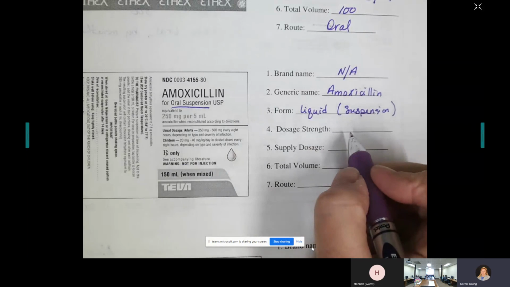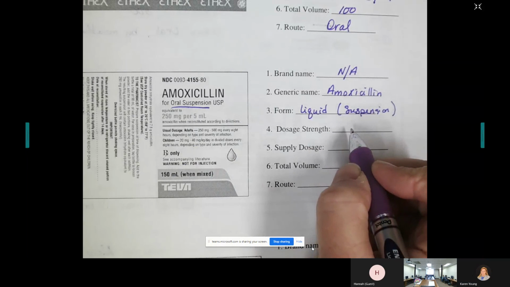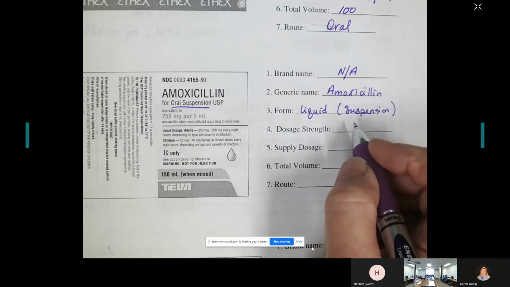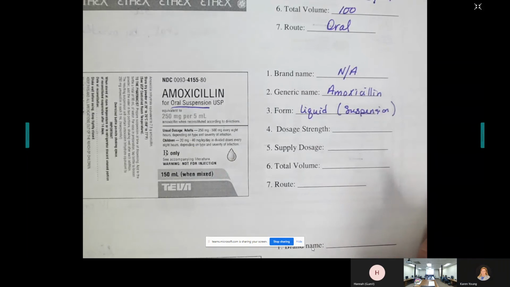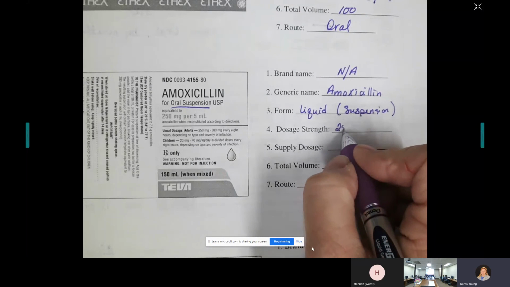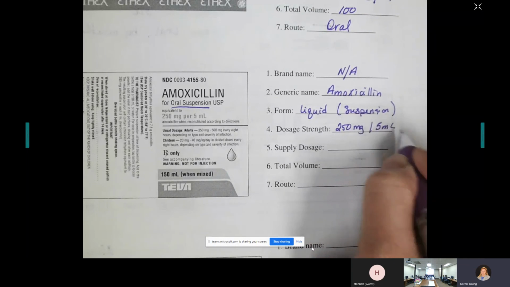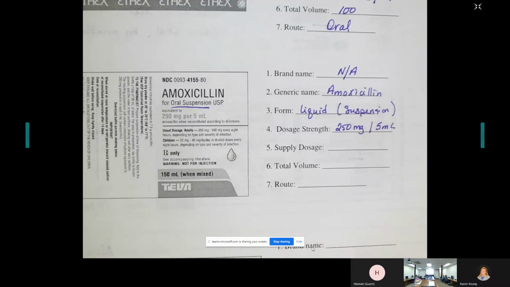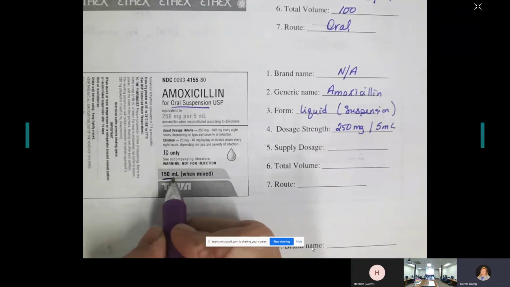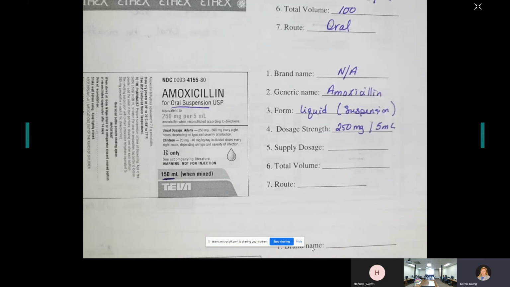What's my dosage strength? It's kind of hard to read. 250 milligrams per 5 milliliters, because there's more than 5 milliliters in the bottle. There's 150 milliliters. So for every 5 milliliters in the bottle, there's 250 milligrams.